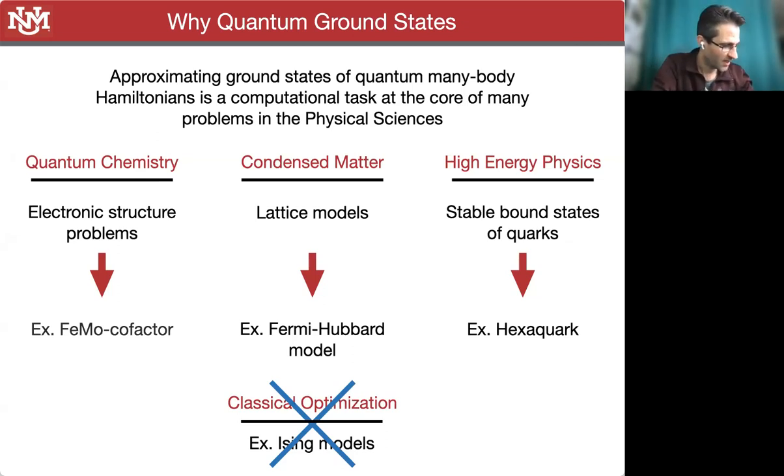For example, in quantum chemistry, people talk about the electron structure problem. And for us, let's say we're interested in quantum computing, the FeMoco example keeps popping up. So what is FeMoco? FeMoco is the primary cofactor of nitrogenase, and nitrogenase is basically the enzyme that bacteria in nature use for nitrogen fixation.